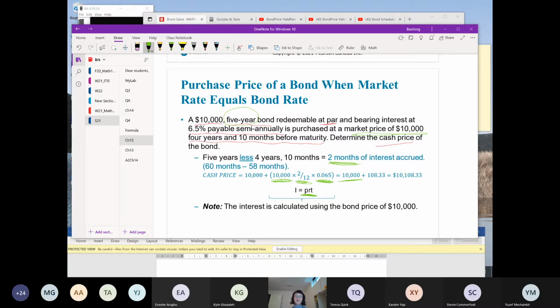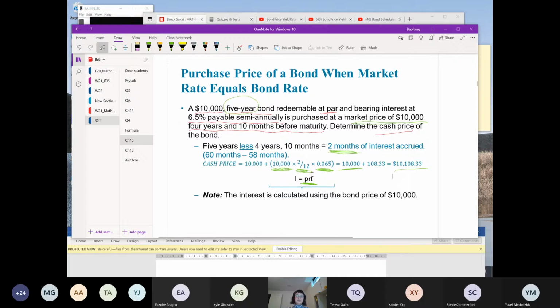So the cash price is this one here, with 2 parts, market price and accrued interest.